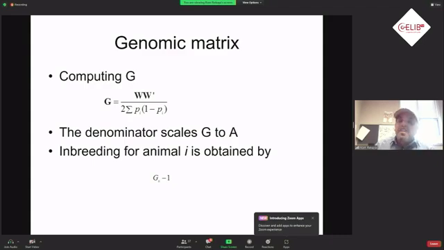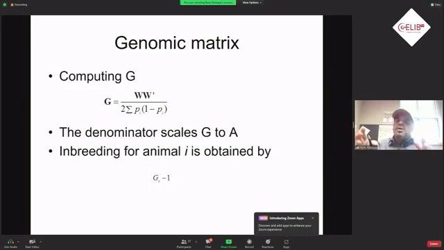So basically, if you compute A for that progeny, the diagonal element for that individual will be 1.125. If you subtract 1, it gives you the inbreeding, the pedigree-based inbreeding. The same thing applies when you use genomic relationship.